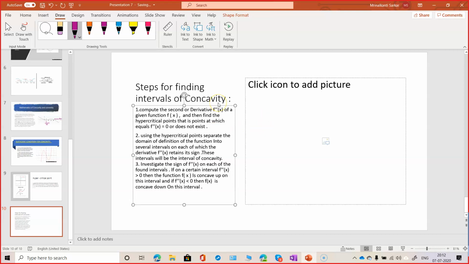The question is, find out whether the curve y equal to x^4 minus 5x^3 minus 15x^2 plus 30 is concave up or concave down in the vicinity of the points (1, 11) and (3, 3).